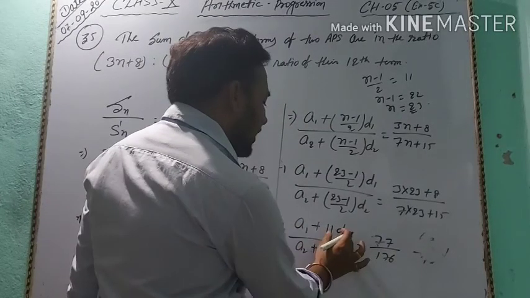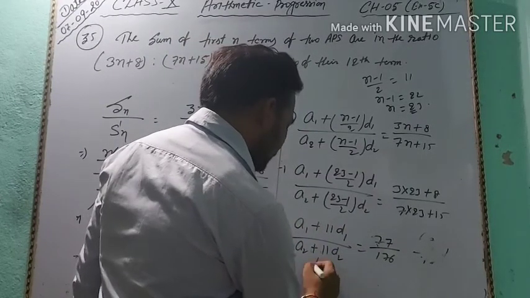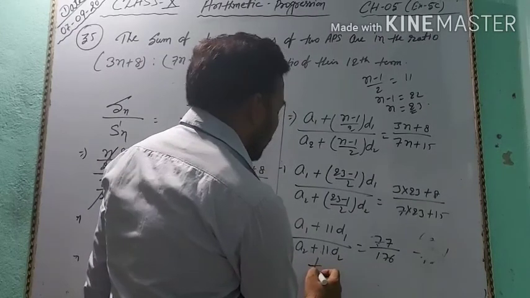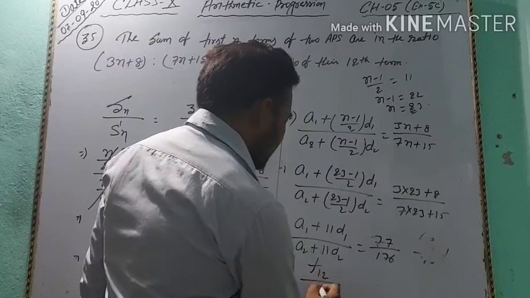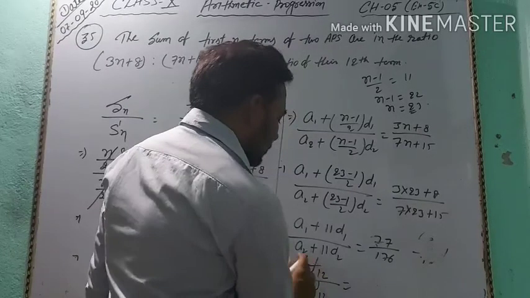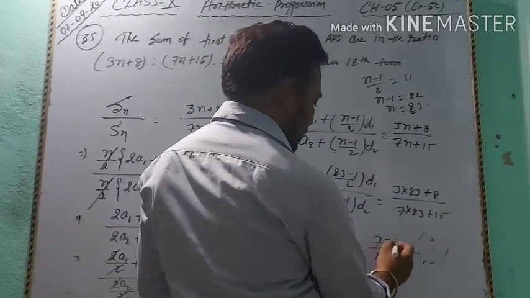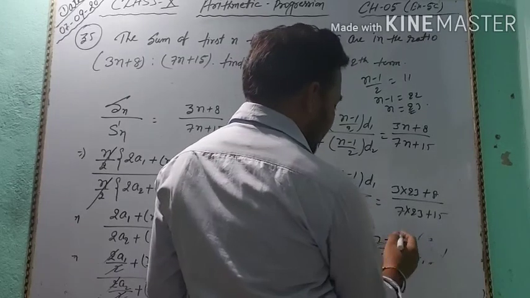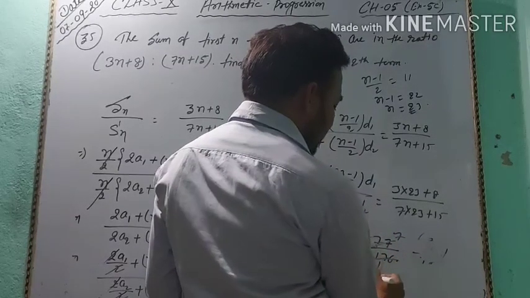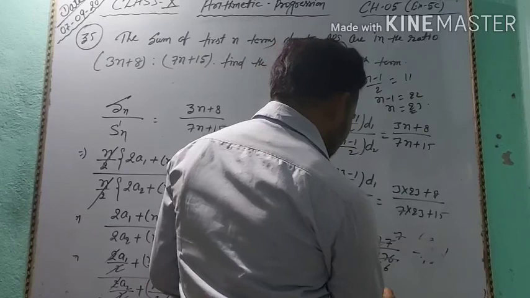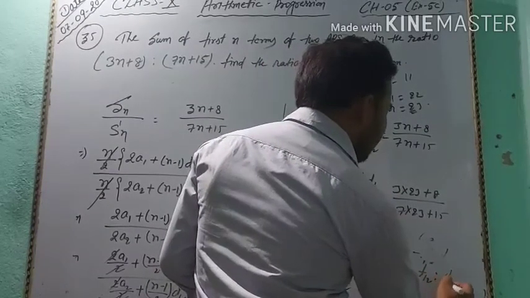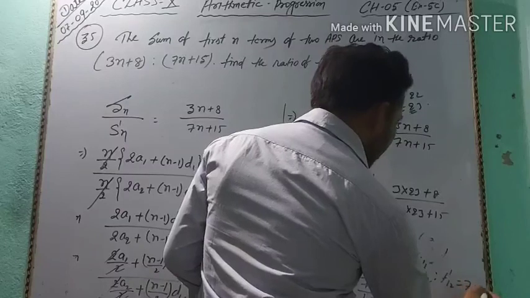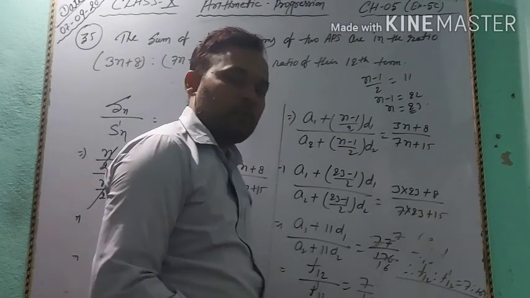The a1 plus 11d1 is t12 and a2 plus 11d2 is t dash 12. 11 sevens are 77, 11 sixteens are 176, so 7 by 16. So students, t12 is to t dash 12 equals 7 is to 16. Okay, clear?